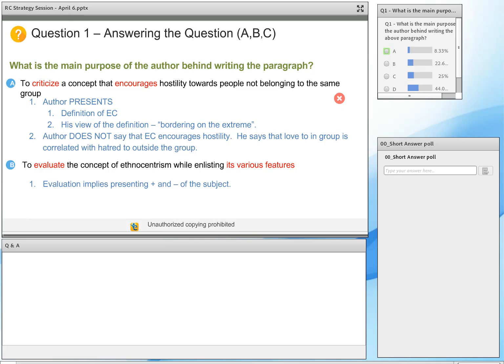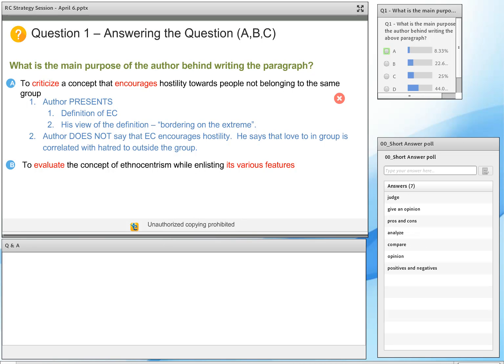Now let's talk about choice B, to evaluate the concept of ethnocentrism while enlisting its various features. Now, when you evaluate, what do you do? You analyze the pros and cons. You do the positives and negatives. Absolutely right.